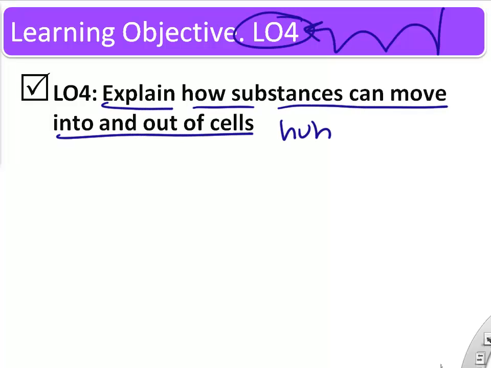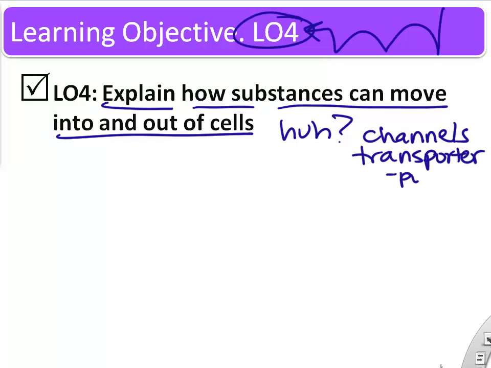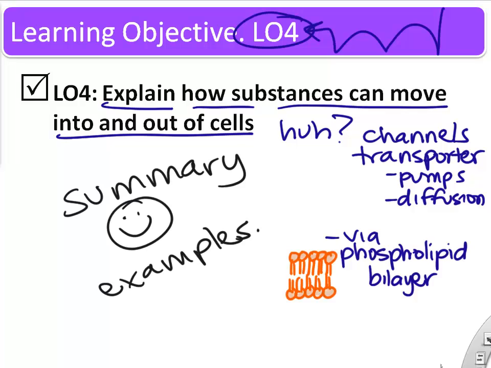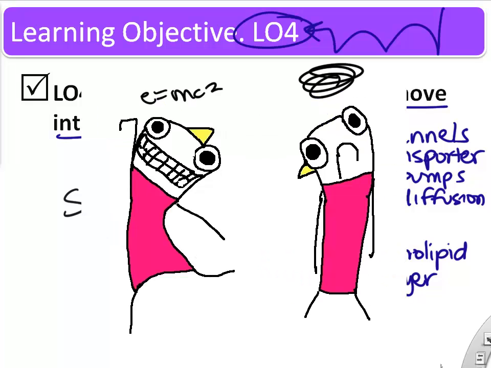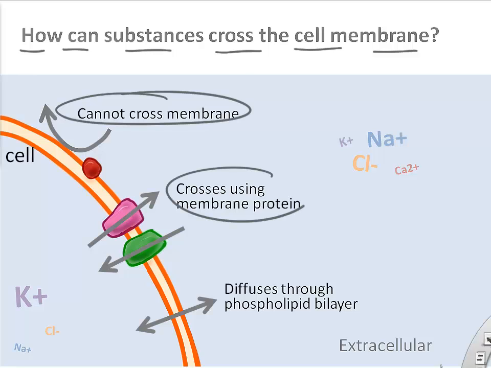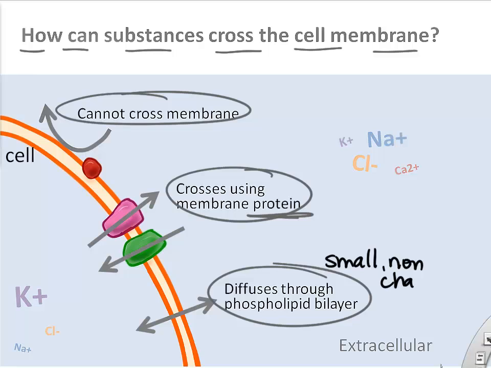Explain how substances can move into and out of cells. You might be thinking, well, wait a second, we were just talking about that. Yes, channels and transporters, including the pumps and the diffusion transporters, will help transport things across our cell that can't make it across the phospholipid bilayer. So again, to summarize, some things can't cross into the cell without help using proteins.